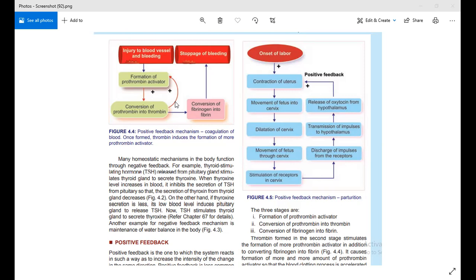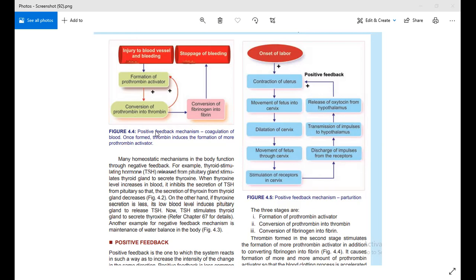So that is the positive feedback. Positive feedback is the one to which the system reacts in such a way as to increase the intensity of the change. So that initial change that happens is increased the more. I'm going to explain that to you.